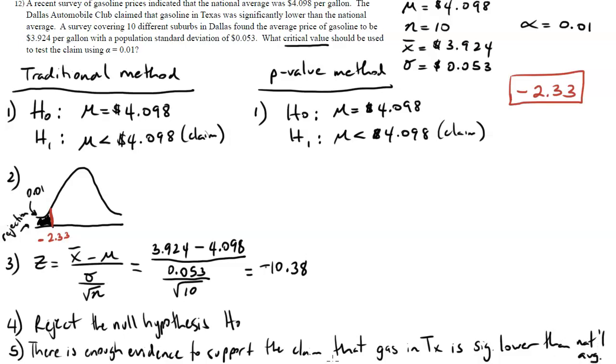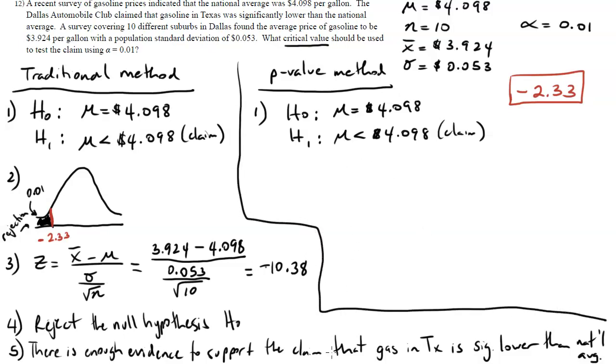I have to use a lot of shorthand here to fit all this in, right? So we rejected the null hypothesis, so there is enough evidence to support this claim that the population mean is less than 4.098. That's the traditional method. That's it.